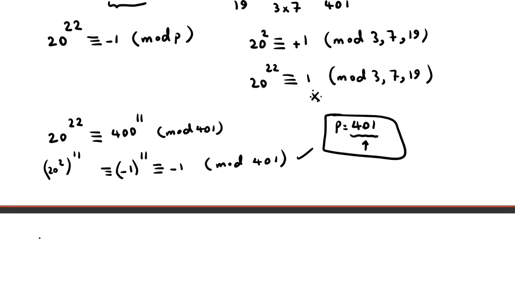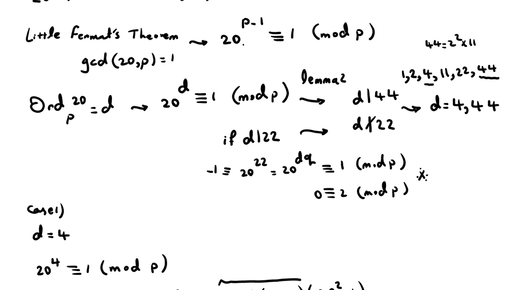Now let's consider case 2, which is D equal to 44. So if you pay attention here, D is 44, and we said D is what? D is the order. And by little Fermat's theorem, 20 to the power of P minus 1 is congruent to 1 mod P. And we know because D is the order, if we combine lemma 1 and lemma 2, D divides any power such that 20 to the power of that is congruent to 1.